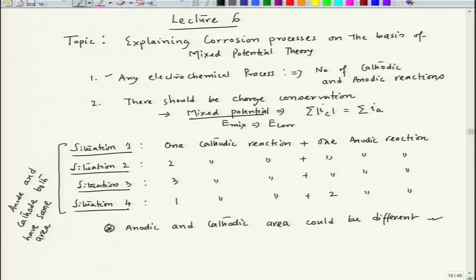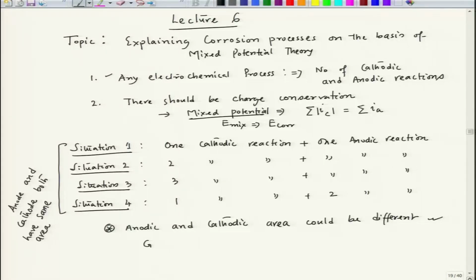For example, let us consider galvanic coupling of copper and steel, and this steel means plain carbon steel, in sea water.